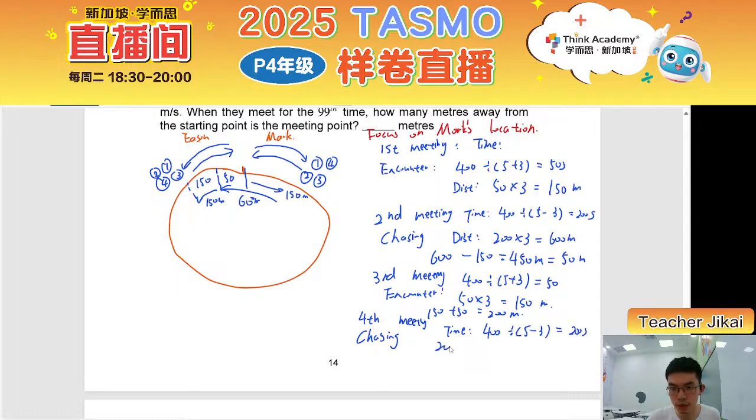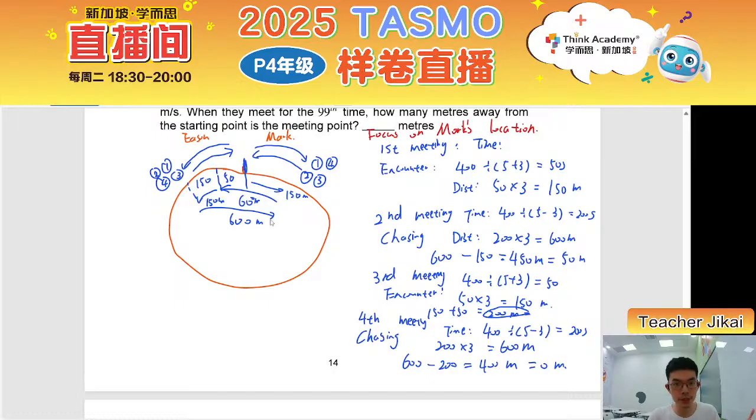So 200 times 3 will be 600 meters. In which direction? In this direction, right? 600. Originally it is 200 here, so 600 minus 200 will be 400 meters, and it will be equal to 0 meters. So the meeting point will be just the starting point, right?